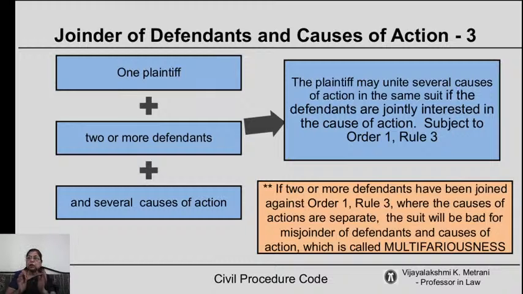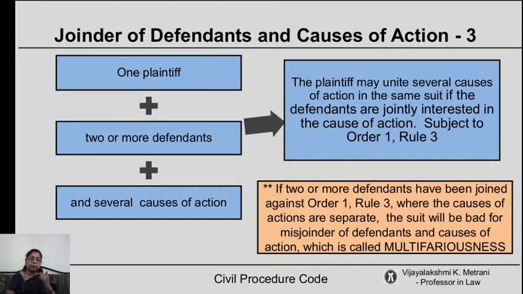Then you cannot join. See, if I join A and B together and ask for my compensation or damages, that cannot be done, because if that is done, the suit is bad for misjoinder of defendants and causes of action. That is called multifariousness.